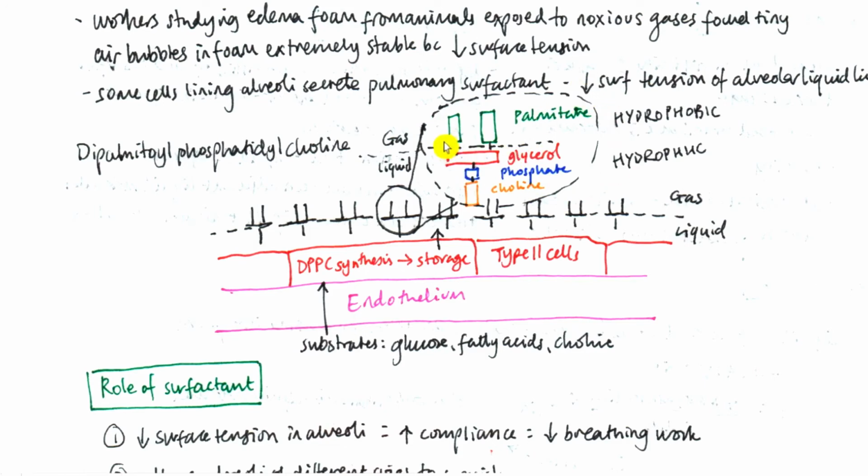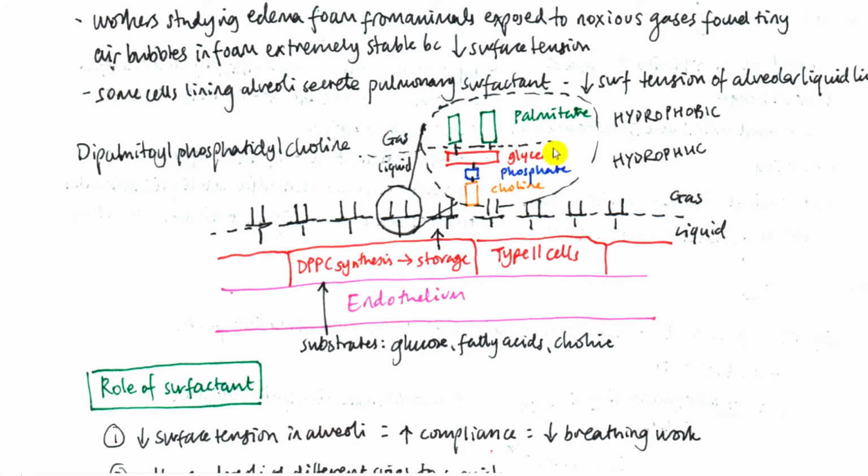So if we look at this, this is the endothelium of the alveoli, and then these are the type 2 alveolar cells. This is the liquid that's in contact with those cells, and then this is the liquid-air interface, and this is just gas, so air is being exchanged here. You can see many of these surfactant molecules lining the liquid-air interface. If we zoom in on one of these surfactant molecules, so this is gas and liquid, you can see that it has a hydrophobic part and a hydrophilic part.